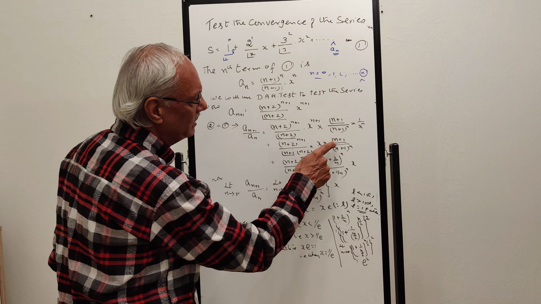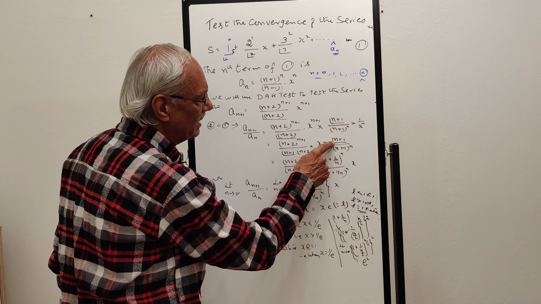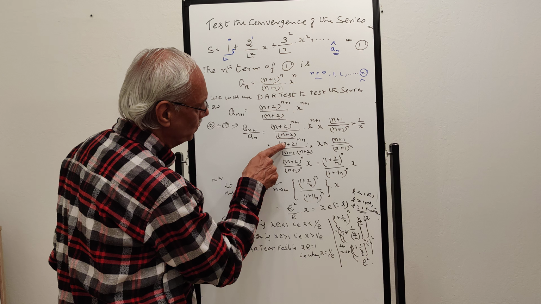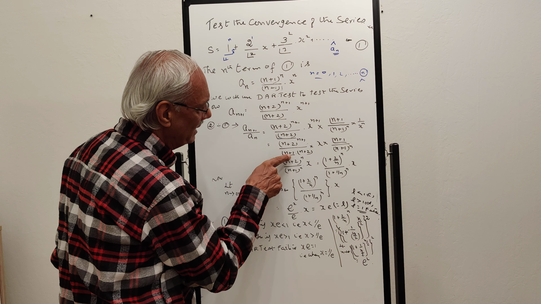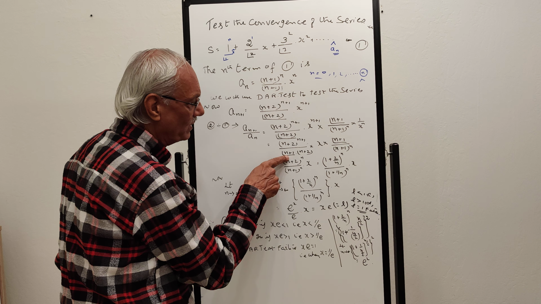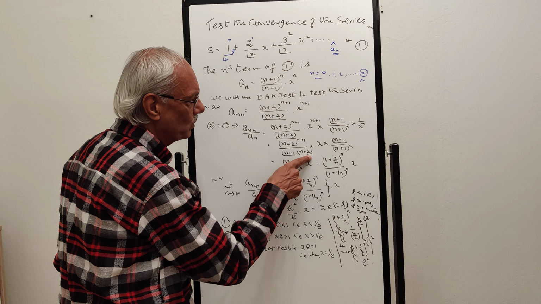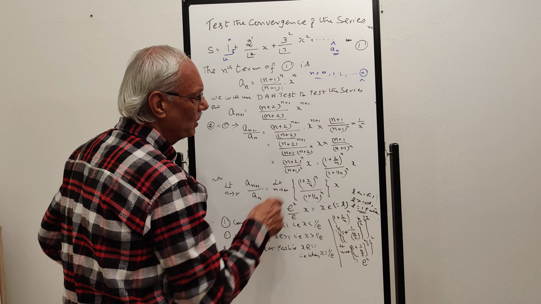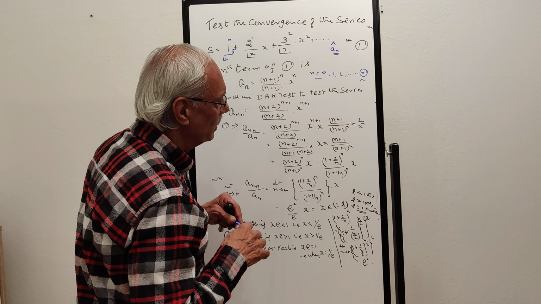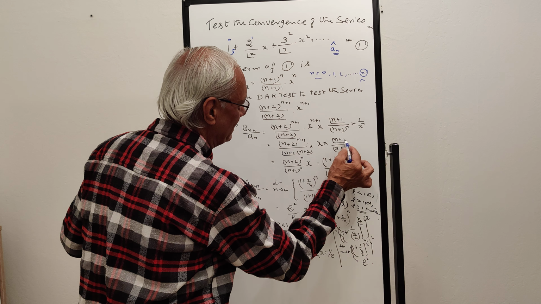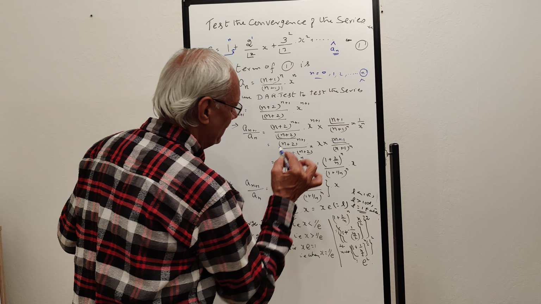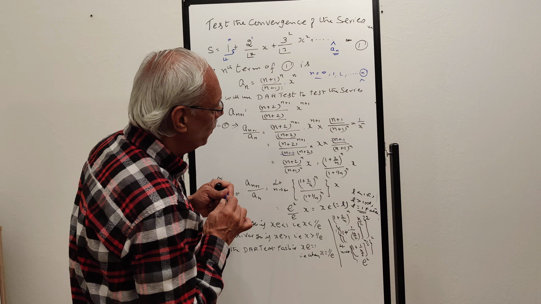On simplification, what is this? Here you have got (n+2)!, which is (n+1)! into (n+2), and here you have got (n+1)!, so you see that (n+1)! and (n+1)! will get cancelled. And you will be left with what?